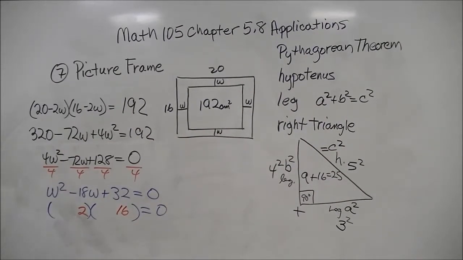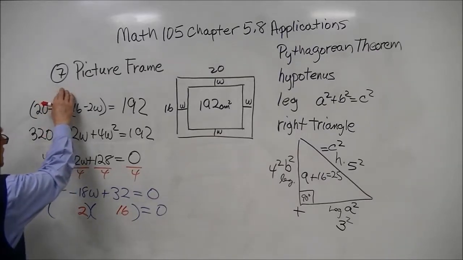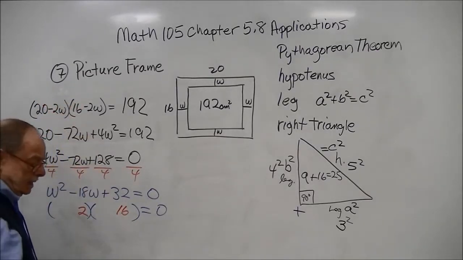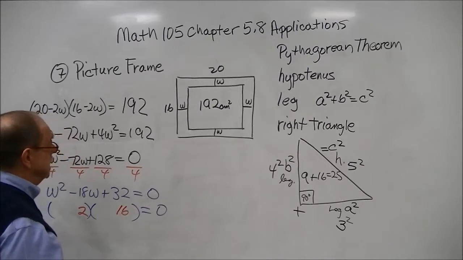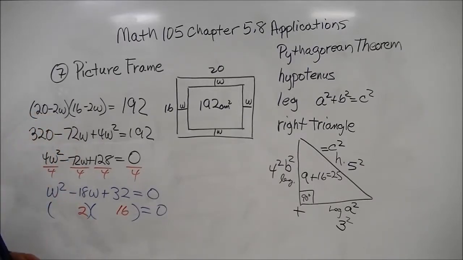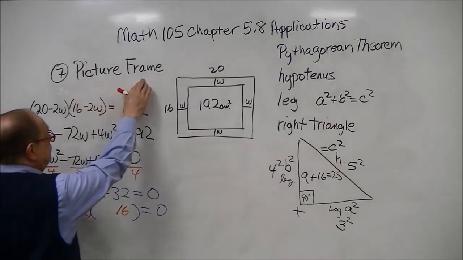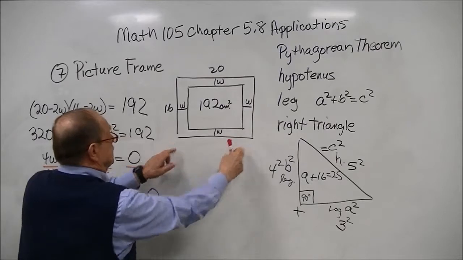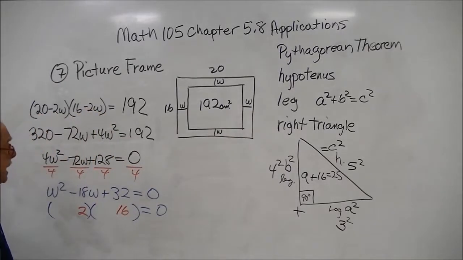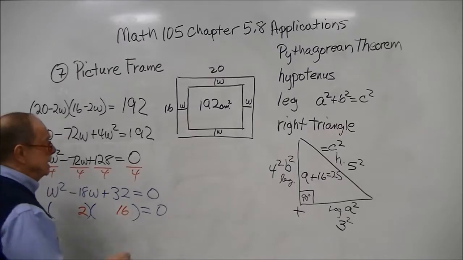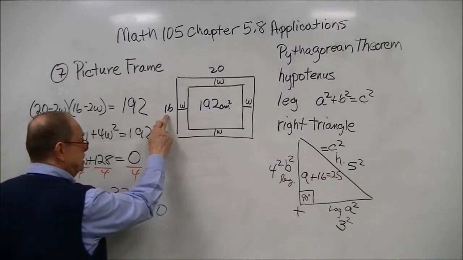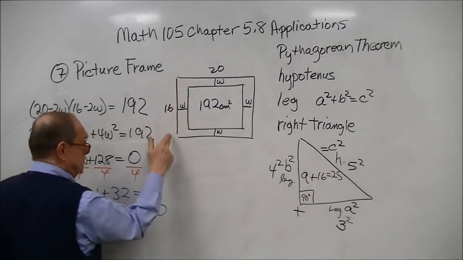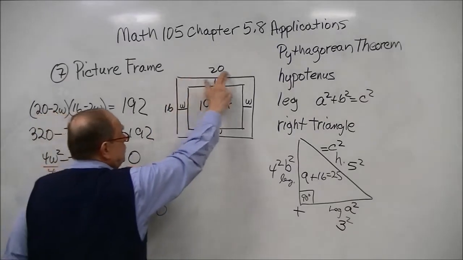As we get into example 7, there's a lot of words, so I'm not going to write it all down, but I'll show you the strategy of what I did. They said there was a picture frame. So I made a picture frame. It said this picture frame has dimensions of 16 centimeters by 20 centimeters.